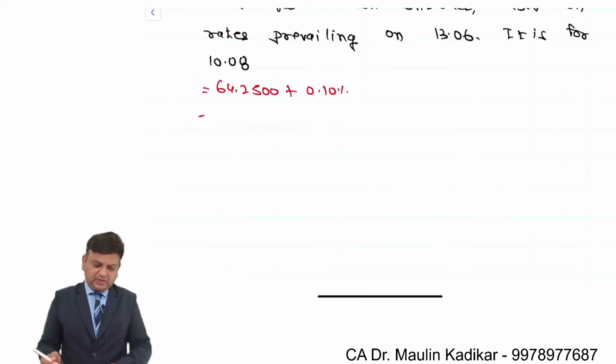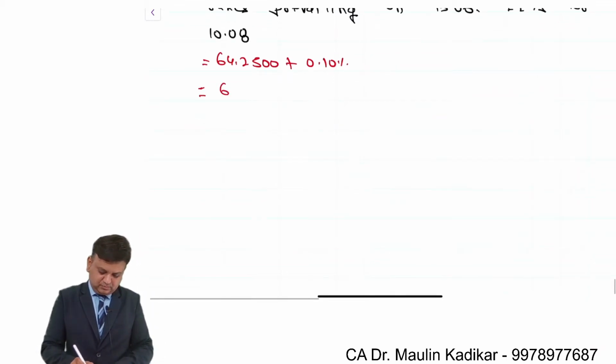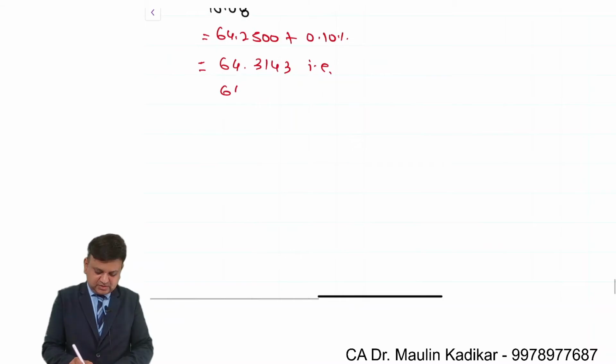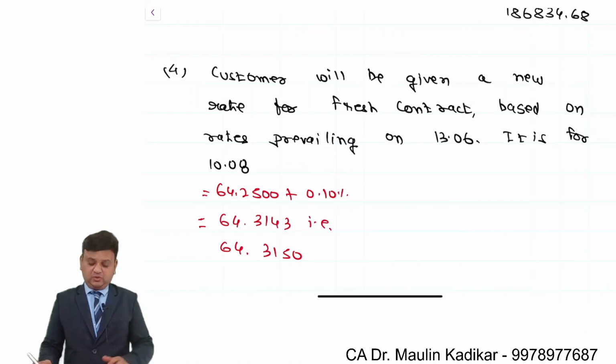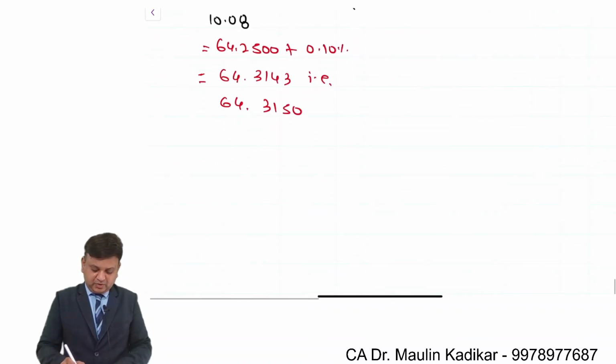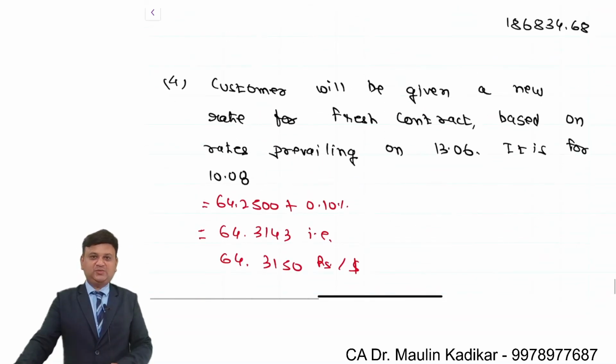So 64.3143, that is 64.3150, because we are required to round off the exchange rates up to 0.0025 rupees per dollar. This is what we understand.